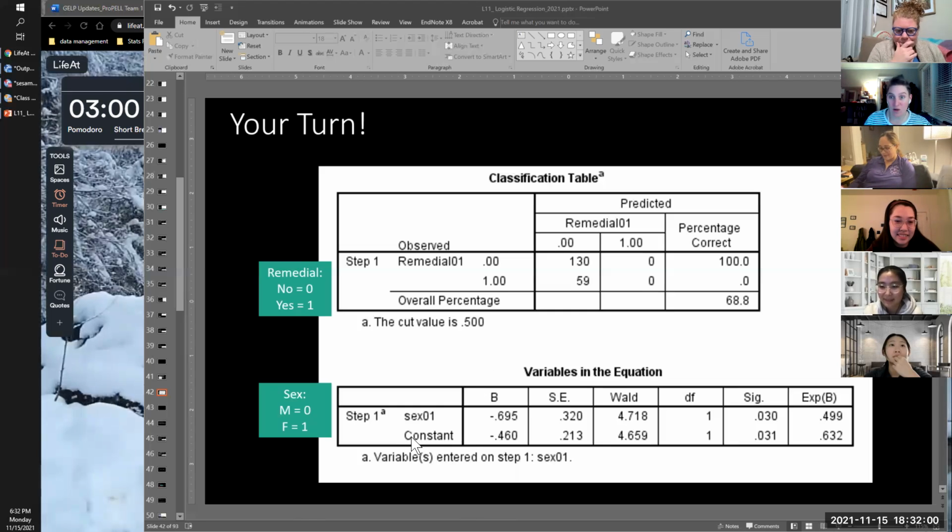This constant is all about males yes versus males no. That's what the constant is comparing: males yes versus males no. And sex 01 is comparing females yes over males yes. I'm really sorry because that must have been really confusing, especially because it was so early on in the quiz. Not very good at developing self-efficacy, so I apologize. All right, so that's question 4 explained. We're going to get rid of that one.